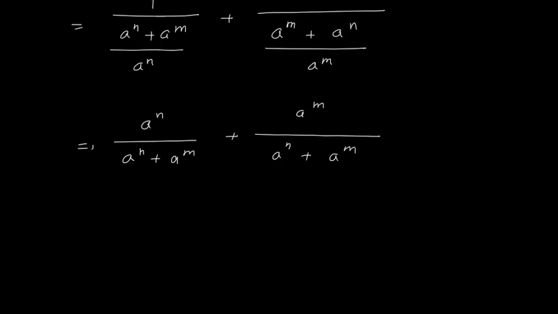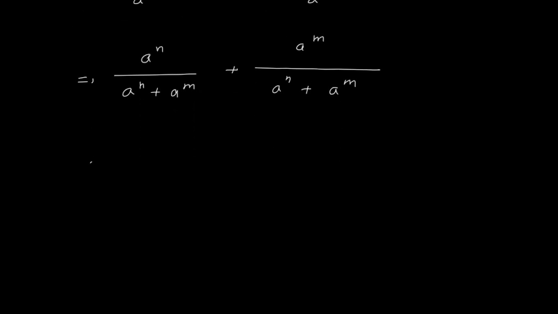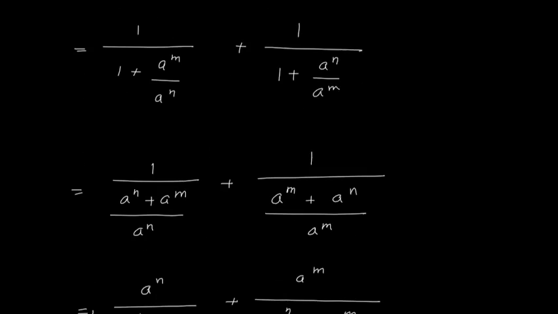We can switch the position, 2 plus 3 we can write as 3 plus 2. So now the denominator is the same, so we add the numerators. Our numerator is a power n plus a power m, and our denominator is also a power n plus a power m. So numerator and denominator are the same, therefore they will cancel and I will get the answer as 1.